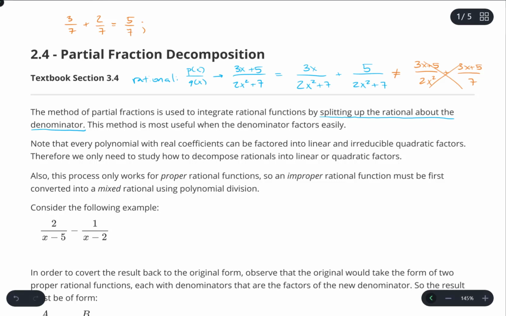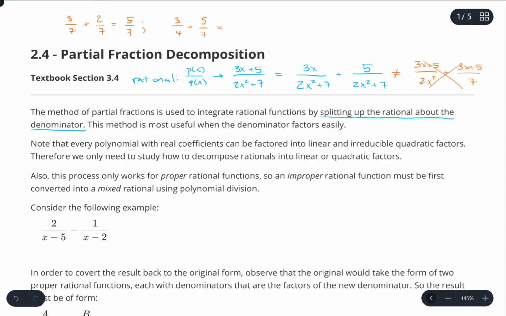But if you have two fractions that do not have a common denominator, so let's say you have 3/4 plus 5/7, well, you can't add. You have to get a common denominator first. In order to get a common denominator, you have to do some manipulation.